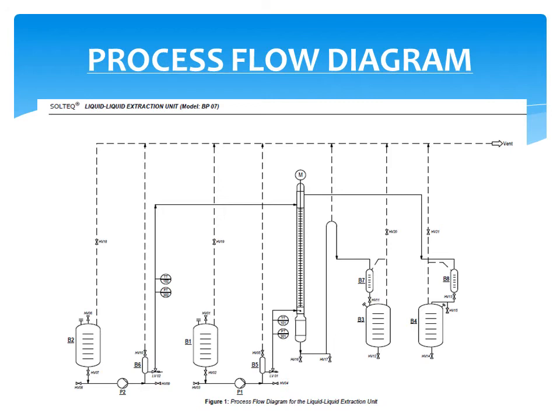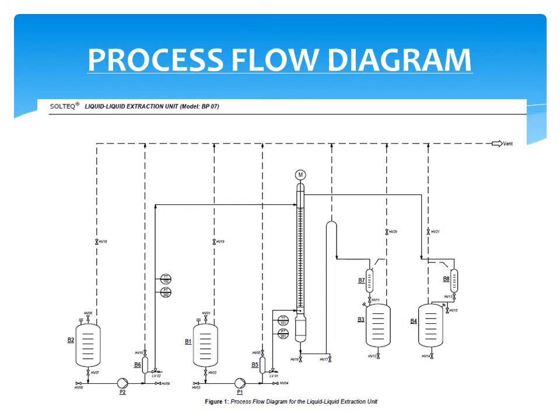Next, once both collection vessels, B3 and B4, are filled with sample products, start to collect the sample. Open valve HV17 to collect the sample of raffinate and open valve HV15 to collect the sample of extract.